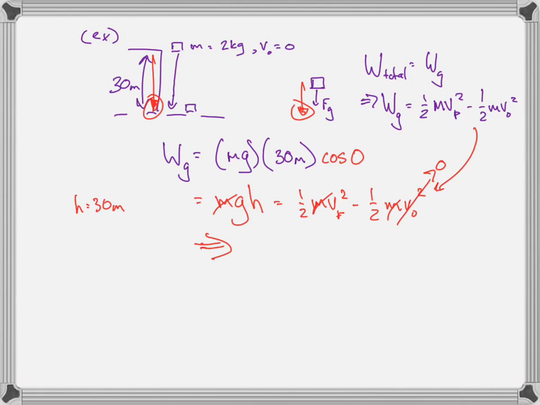And so we get gh equals 1/2 v final squared, and therefore v final is the square root of 2gh. Turns out that that is true for any free-falling object that falls from rest through a height h, under the influence of gravity only. It's actually a little less specific than we think, because let me look at a different example.